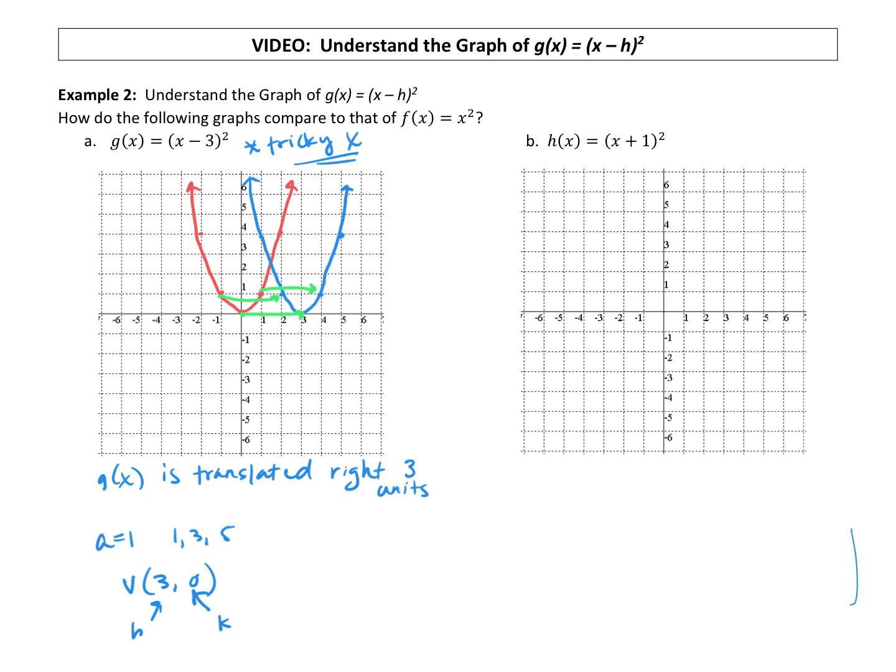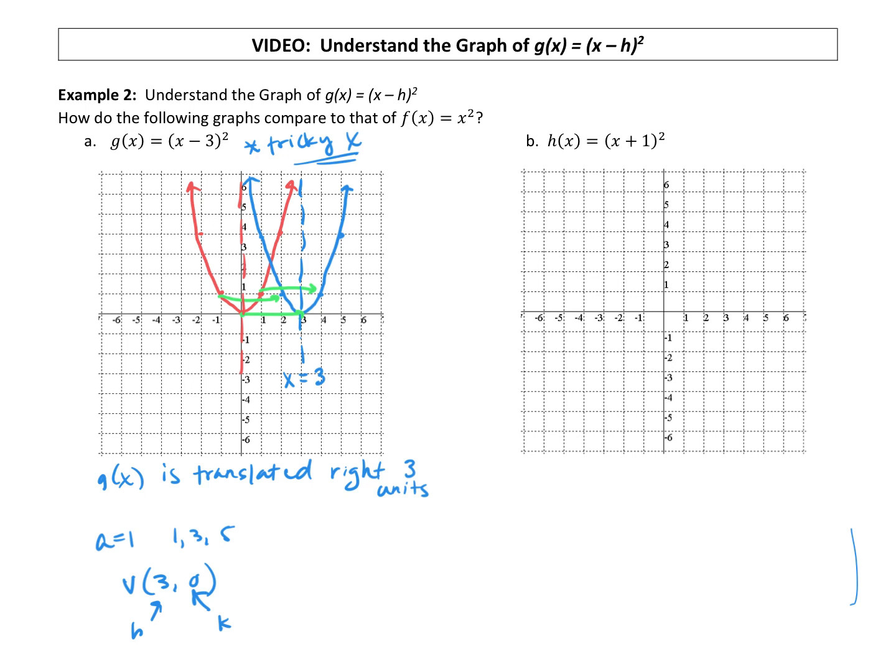One thing that does change with a horizontal translation is your axis of symmetry. The axis of symmetry for the parent function is at x equals 0. Well, if you shift your graph to the right, that axis of symmetry shifts with it. So now our axis of symmetry is at x equals 3.